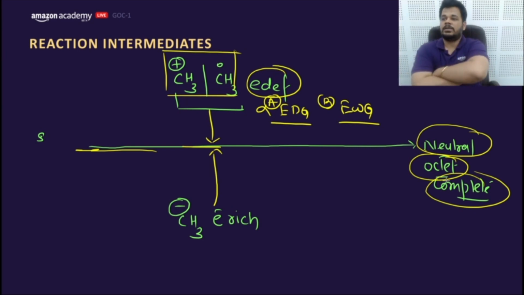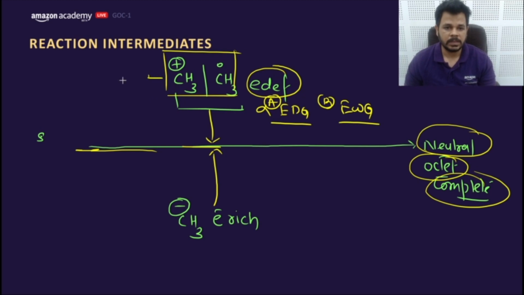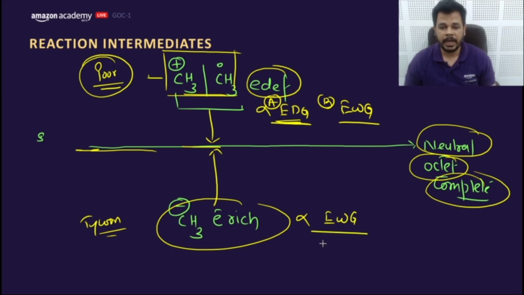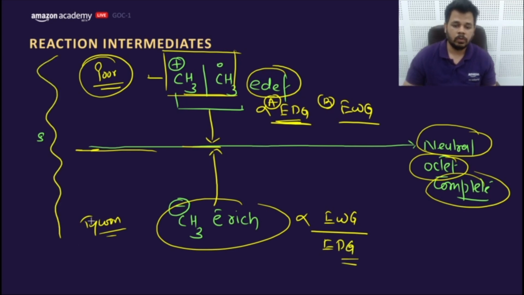Yes, all have answered. Write your name first and then answer, guys. This is like a poor person, and this is like rich tycoons. They are like Ambanis. That means electron donating groups will stabilize the carbocation and carbon free radical, and vice versa. That means carbanion is stabilized by what? Electron withdrawing groups, and inversely proportional to electron donating groups. So this is it, friends.